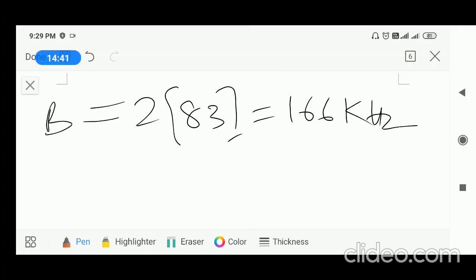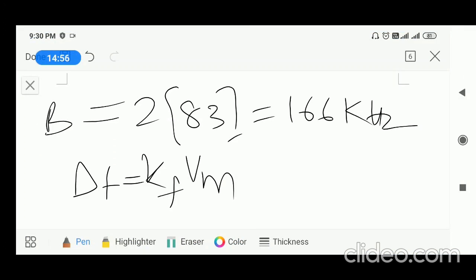If you derive the time domain equation, you will get delta F equal to KF into VM. When the modulating signal amplitude is doubled, that is, VM is increased by 2 times, then delta F is also increased by 2 times.